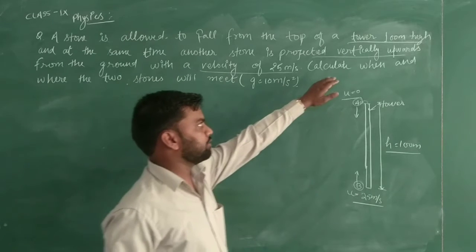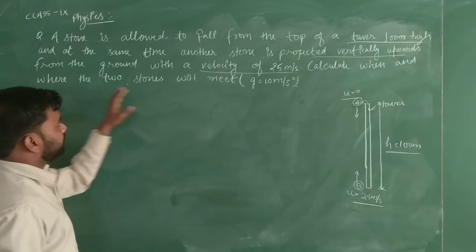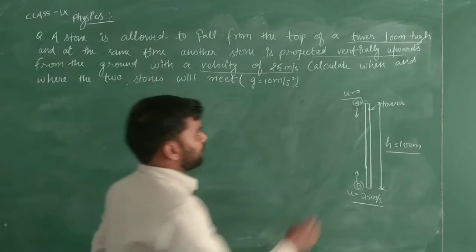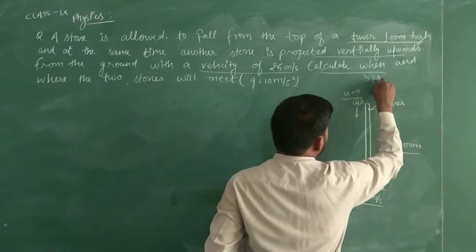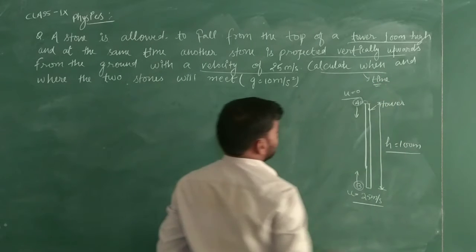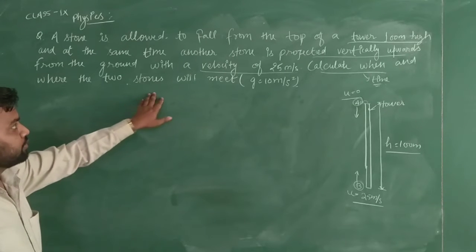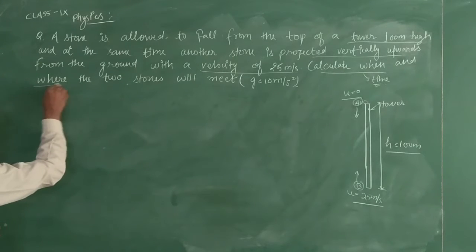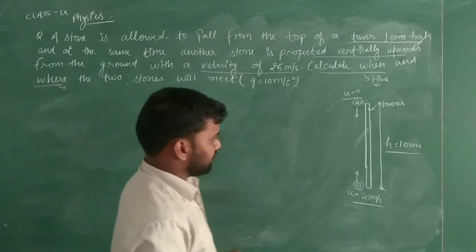We need to calculate when and where the two stones will meet. When means it is asking about the time, after how much time they will meet, and where means it is also asking about the point or the distance up to which the two stones will meet.